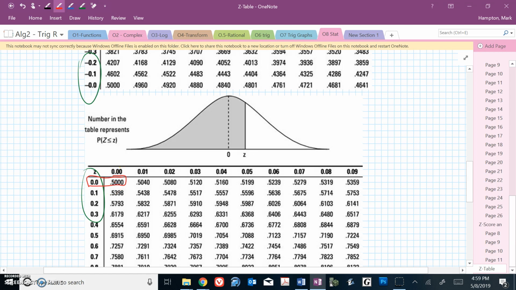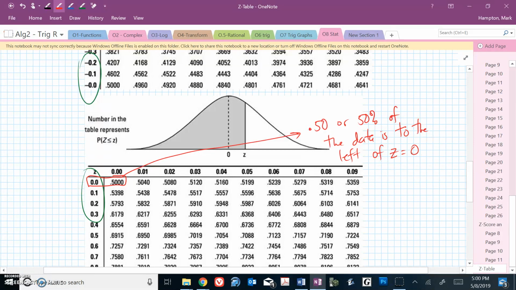And you can see that inside that it says 0.50. So the number that we see there is always to the left of the z-score. This means that 0.50, or 50% of the data, is to the left of z equals 0.